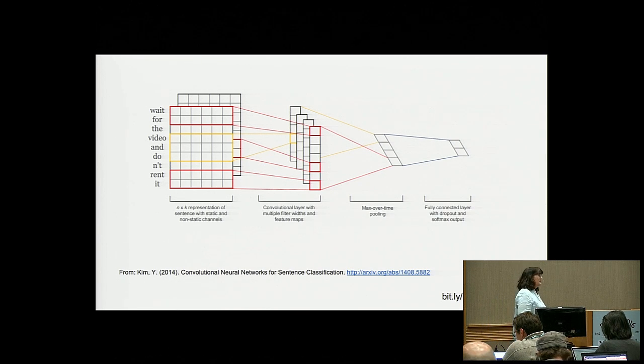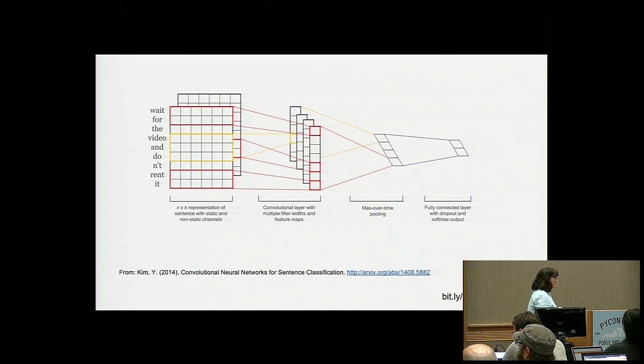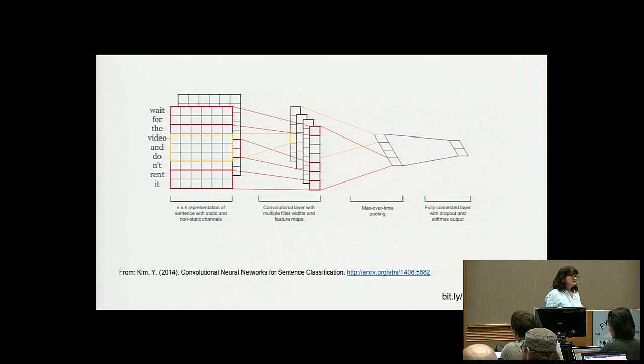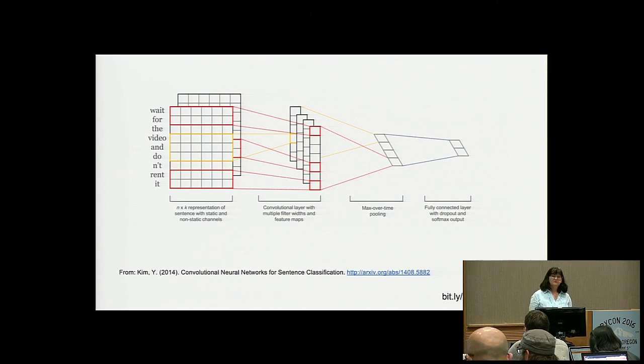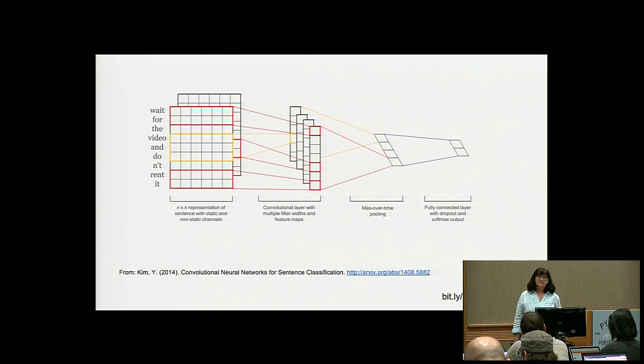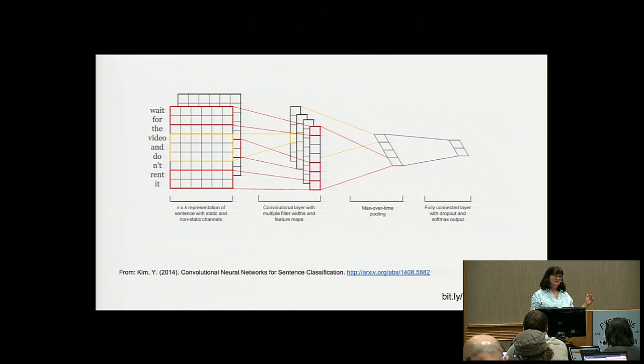But the interesting thing that relates to what we were doing with Word2Vec is there's been some research on how it works to use convolutional neural nets to learn text classification. The way people tackle this is they set up a big word embedding matrix, roughly indicated by this first block here.